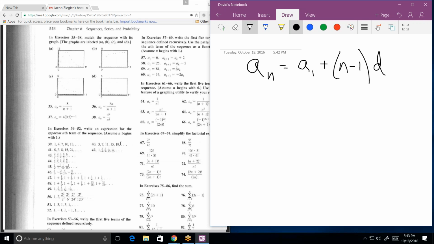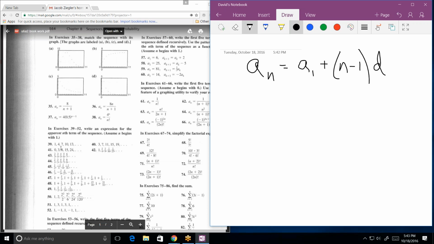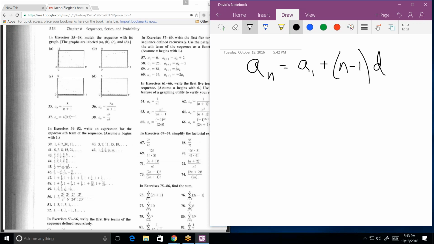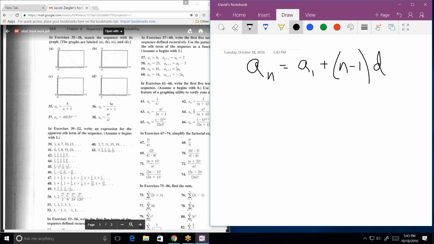There are other ones. But this number 39 is definitely arithmetic because the distance between every term is the same. It's 3 plus 3. Okay, so what would the apparent nth term be? Well, I can see the first term is 1.